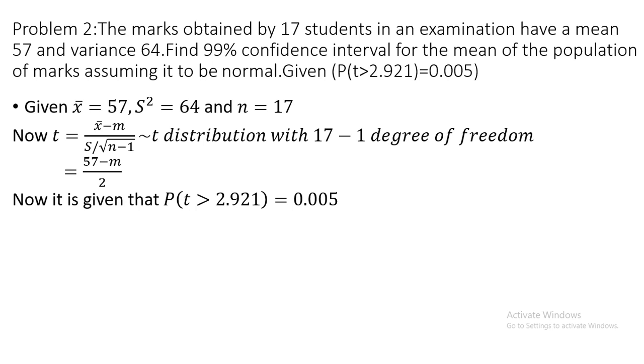As the student t distribution curve and the standard normal distribution curve are symmetric about the y-axis, we can say that from 2.921 to plus infinity the probability is 0.005.